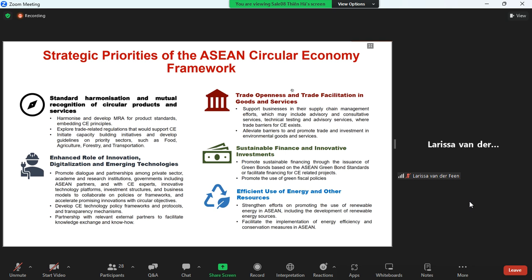The point is how the economic community not only focuses on the environmental aspect, but also encourages economic community building.